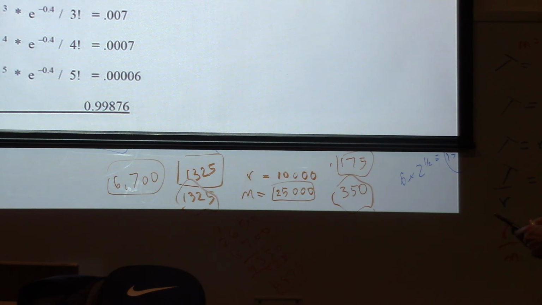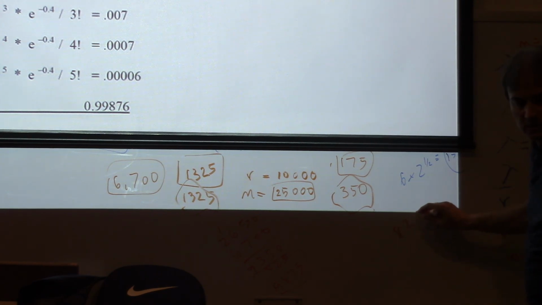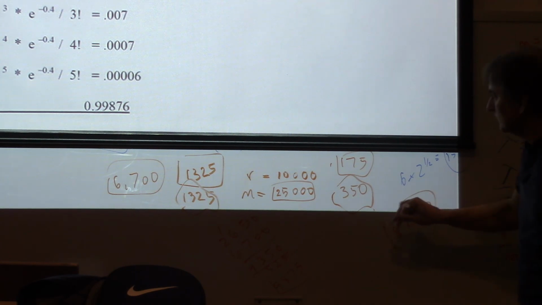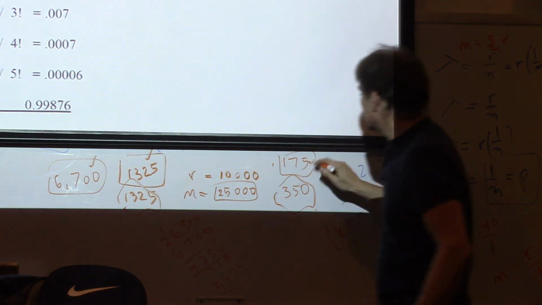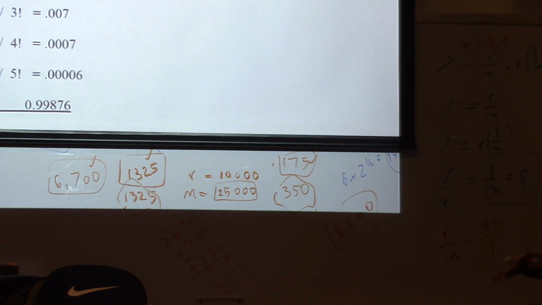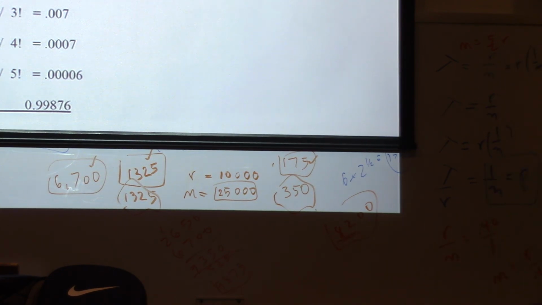I will add to it 1,325. I'll add to it 175. I have 8,200 records. Those records, which are the single ones, or the first of the 2, or the first of the 3, will have no collision on the first record. So that means we have 82% of records that are going to go in easily.